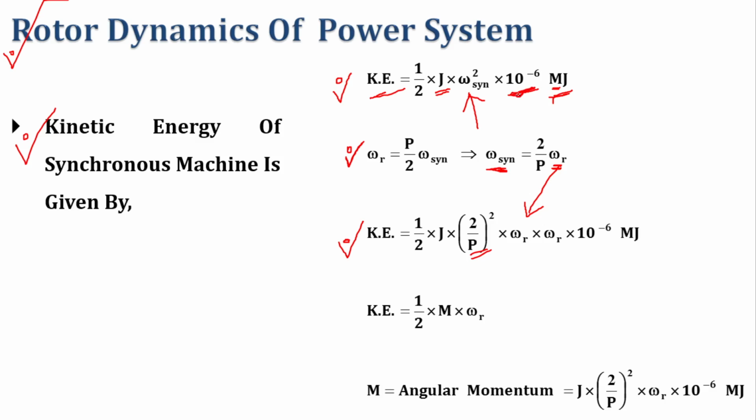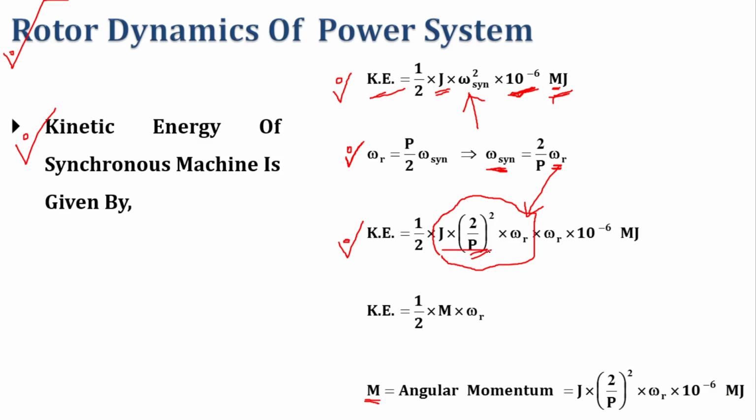Now in this equation I have mentioned another term, which is nothing but the angular momentum. Angular momentum is defined as M, and that is equal to J multiplied by (2 by P) whole square multiplied by omega r multiplied by 10 raised to minus 6 megajoule.